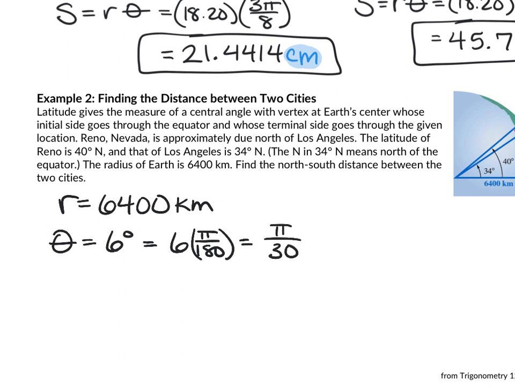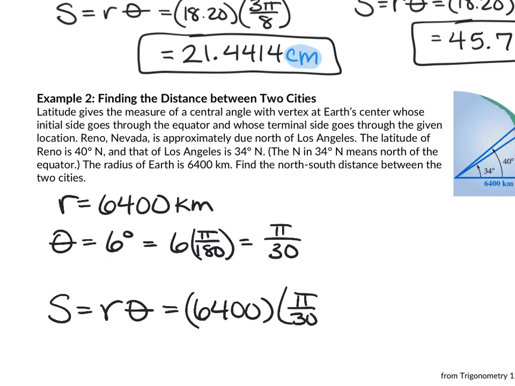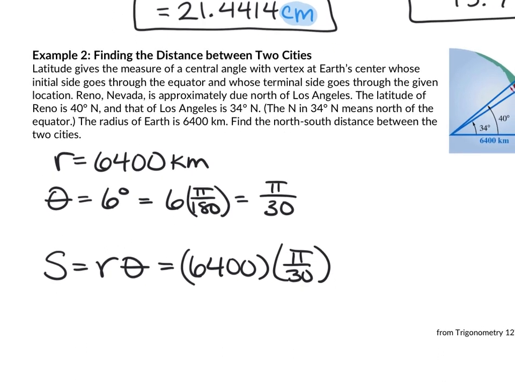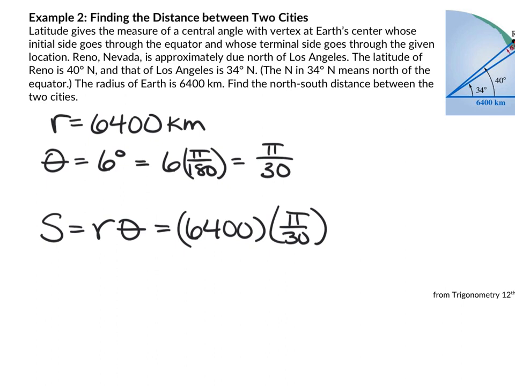Again, that's just 6 divided by 180 simplified down, which means that the arc length between the two cities is r times theta, 6,400 kilometers multiplied by pi over 30. Now that it is in radians, we can throw it into a calculator. 6,400 multiplied by pi divided by 30 would be about 670.2064 kilometers.